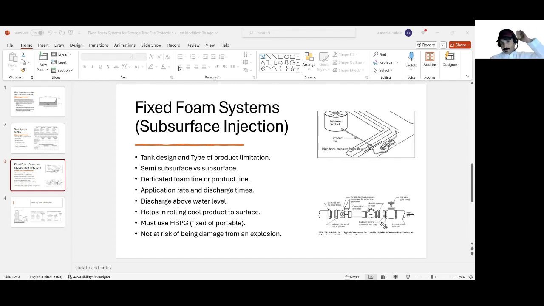So one of the advantages is that it is not going to be damaged if an explosion happens in a tank. Another advantage is that it enables us to minimize the foam loss as opposed to applying foam manually. Most of the foam will be delivered to the fire.